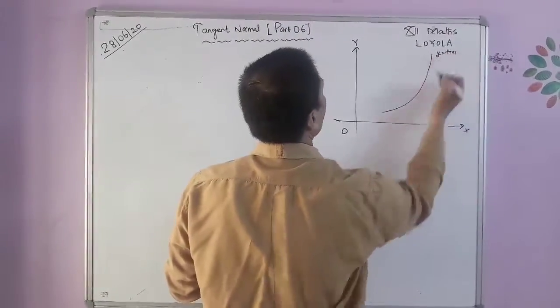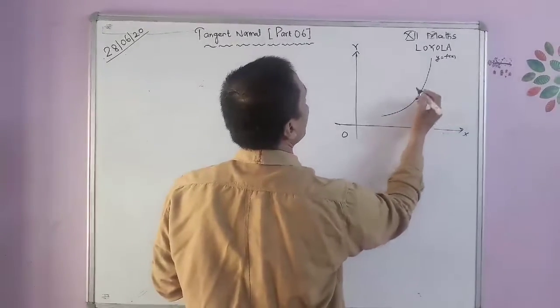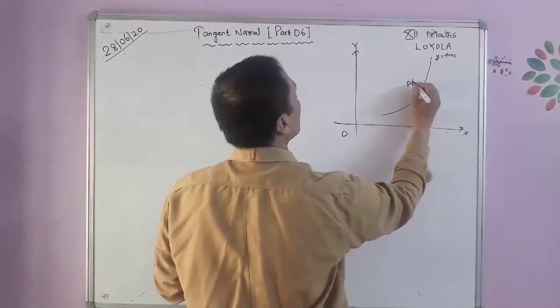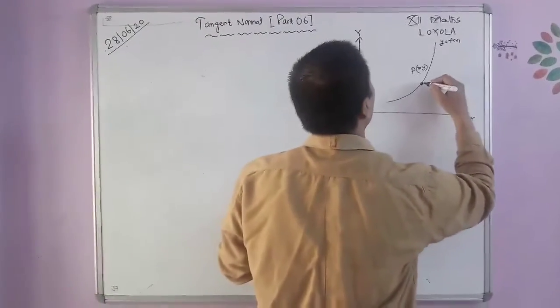Y equal to f(x) is a curve. We take a point P(x, y) on the curve.